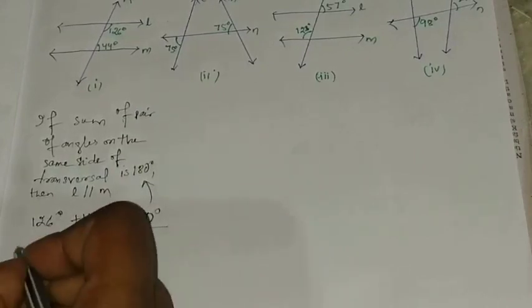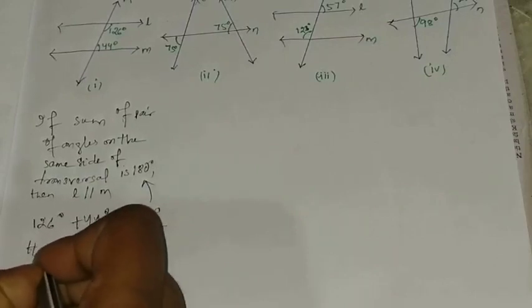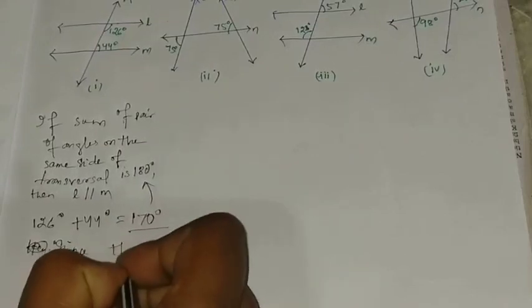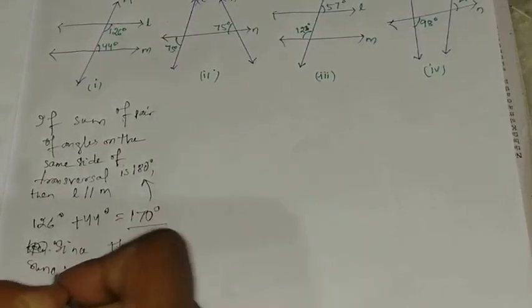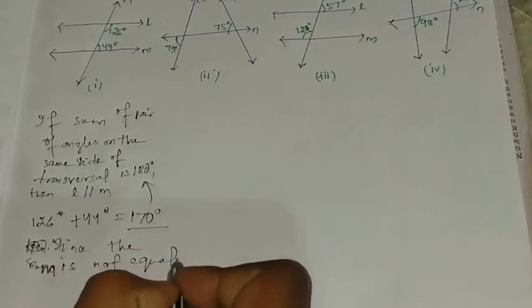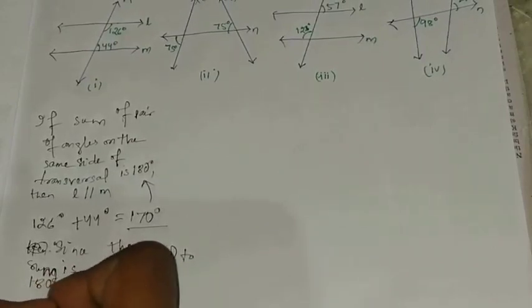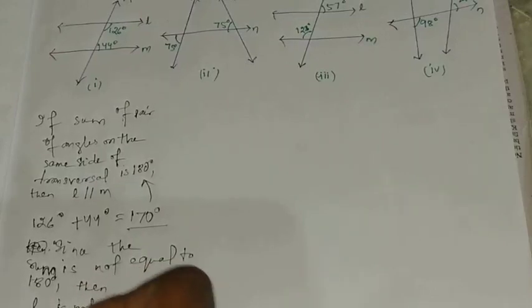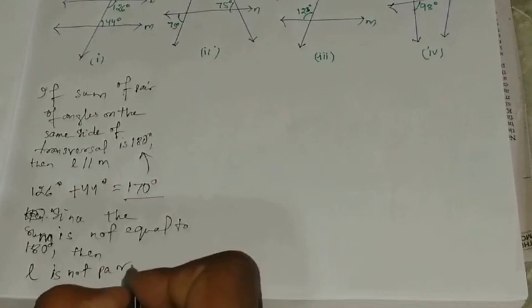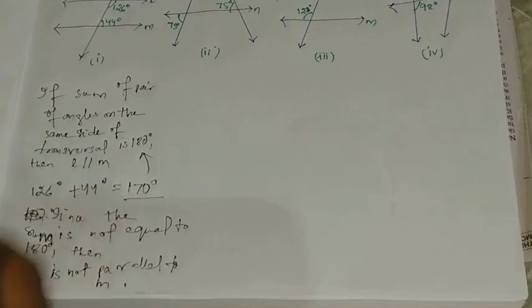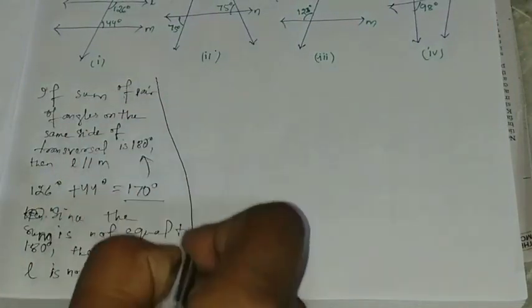So we can write: since the sum is not equal to 180 degree, L is not parallel to M. Okay. Next we will move to the second figure. So look at the figure.